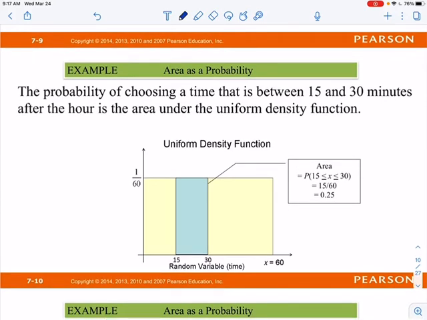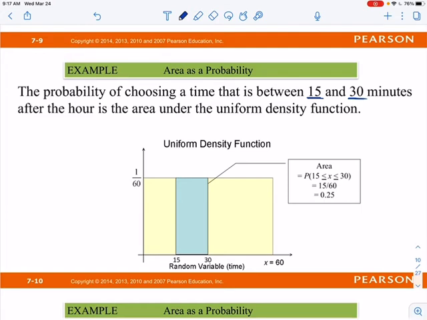But now let's take a look at this. Let's say that the probability of choosing a time that is between 15 and 30 minutes after the hour is the area under the uniform density function. If I want to know the probability, that's what this question is really leading to. I want to know the probability that it's getting delivered between 10:15 and 10:30. Again, x is time.